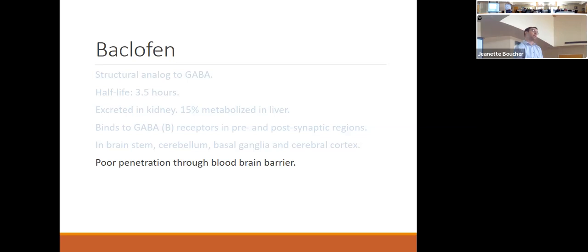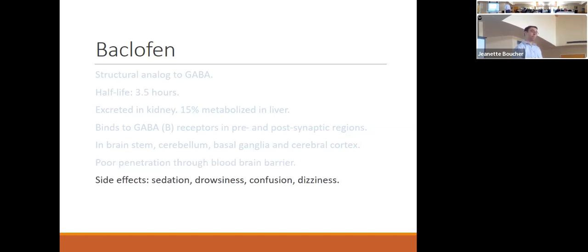It's not going where it needs to be as it's being metabolized. So poor penetration is a good term for it because you have to get to pretty high doses of the oral pill to get a good effective dose in the brain.